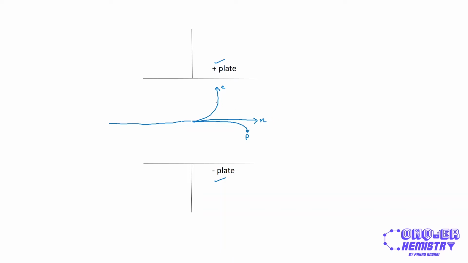And you can also see that the deflection experienced by the electrons is much larger than the deflection experienced by the protons at the same point along the electric field, and the reason for that is because electrons have a much smaller mass. Protons are much heavier, so they're more difficult to deflect.